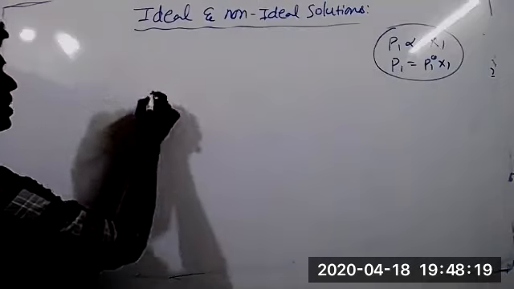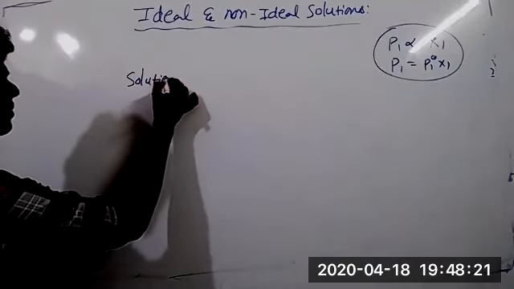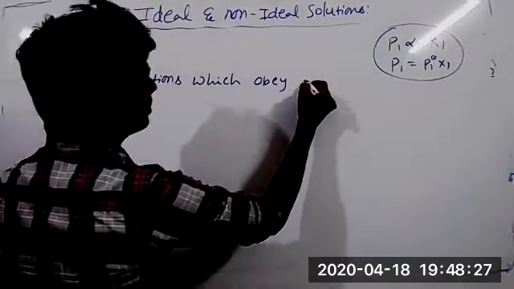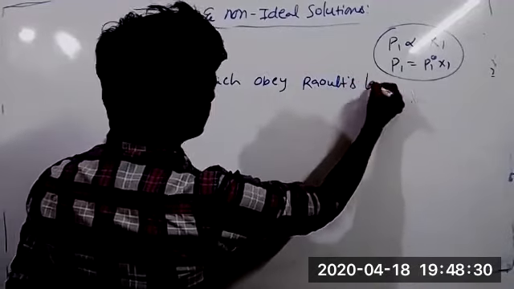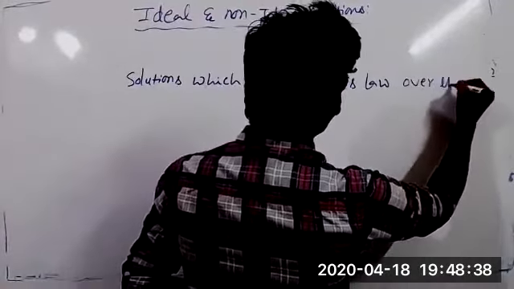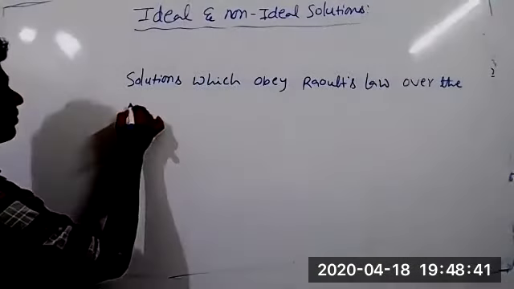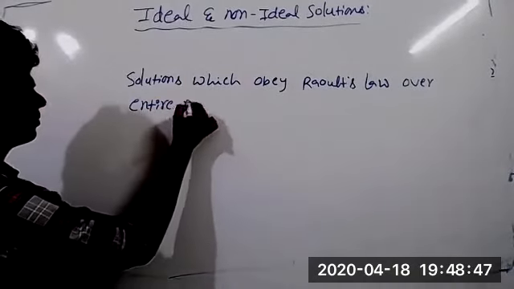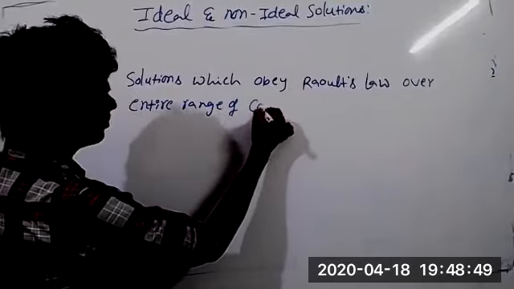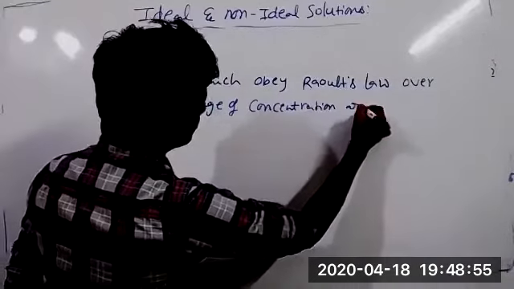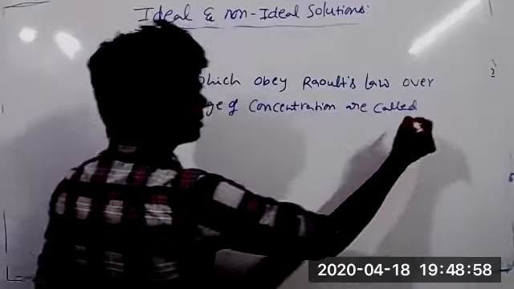First write the ideal solution definition. Solution which obeys Raoult's law over entire range of concentration is called ideal solution.